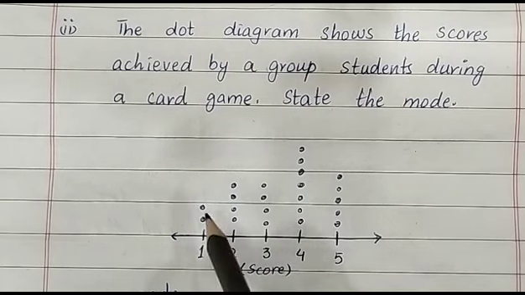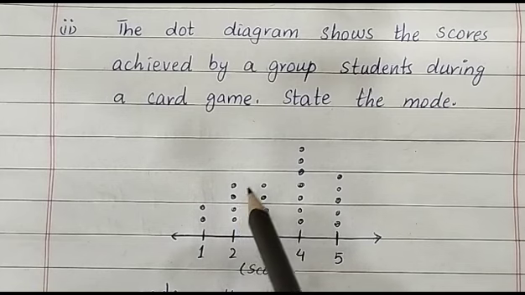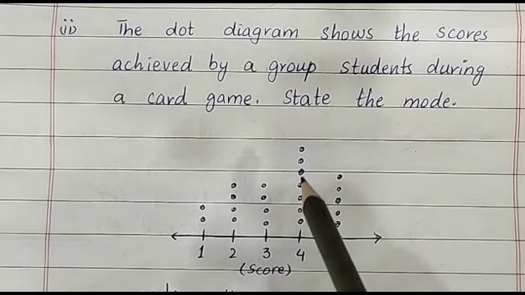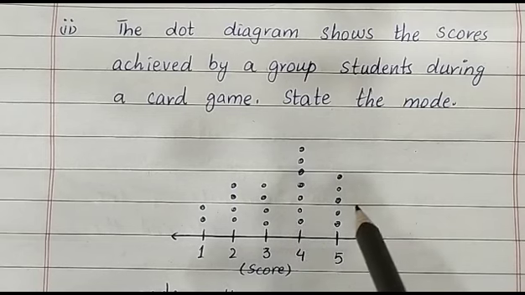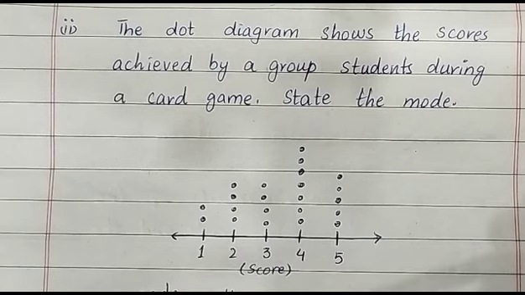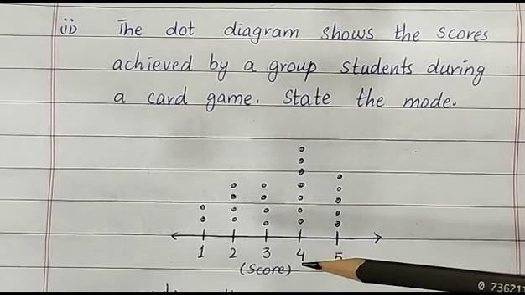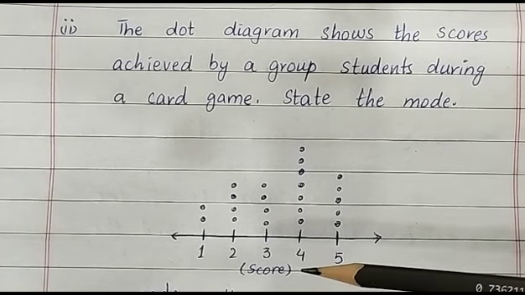Only two students got 1 score, four students got 2 score, 4 students got 3 score, and then 7 students got 4 scores, and 5 students got 5 scores. So which score is the most frequent? Not most of the students, but the greatest number of students got 4 score. So that will be the mode of this data.